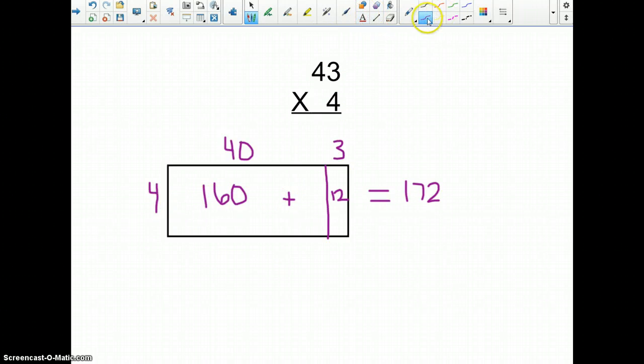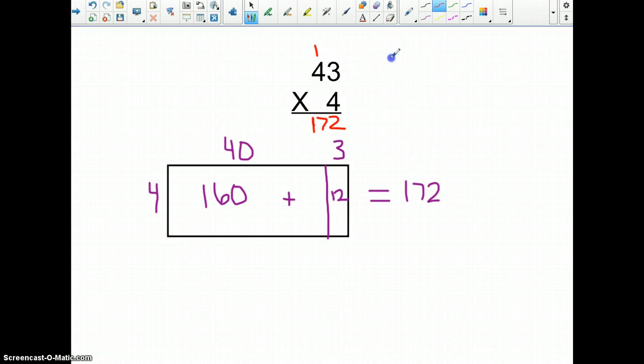Another way to do this, let's go back and review the other ways there are to do this. I could take my ones place times 4. 3 times 4 is 12. 1, 2 for my 12. And then I'm going to take 4 times 4 is 16 plus 1 is 17, 172.